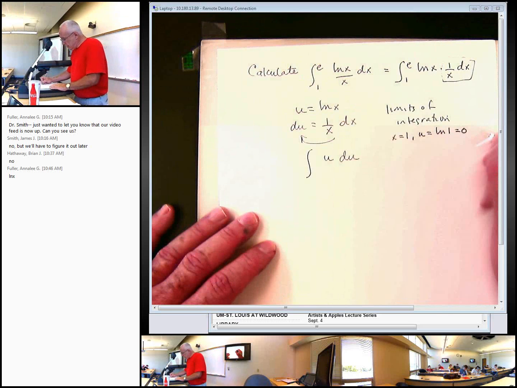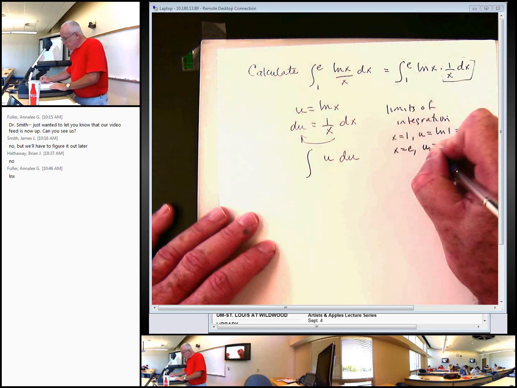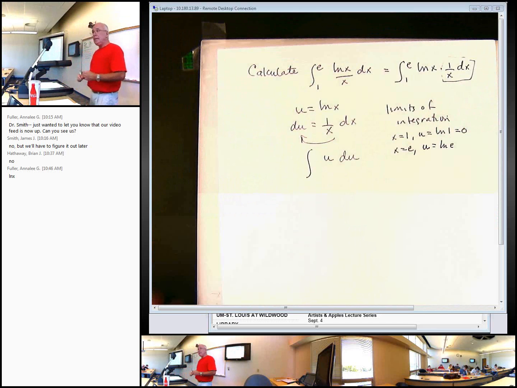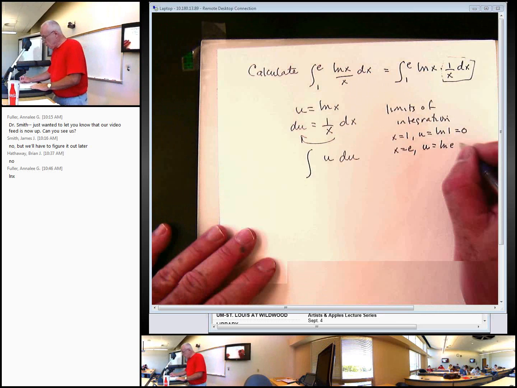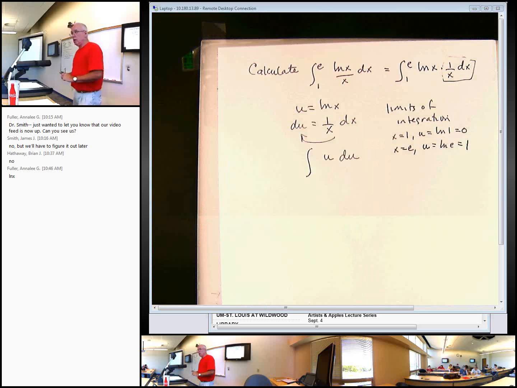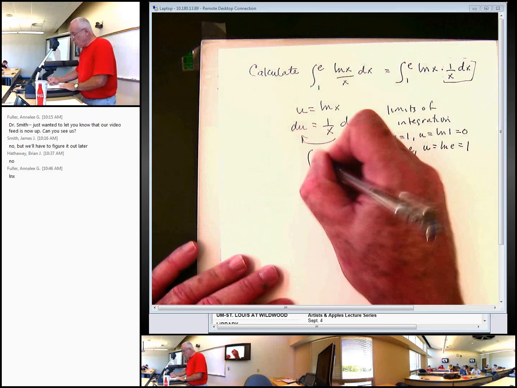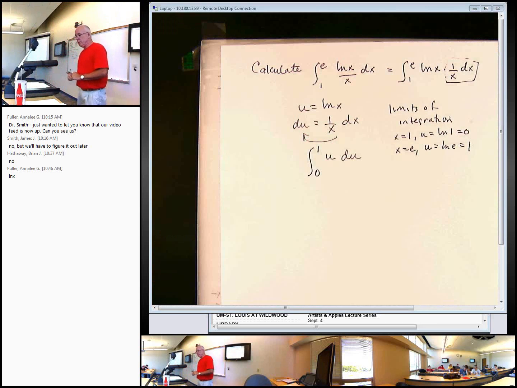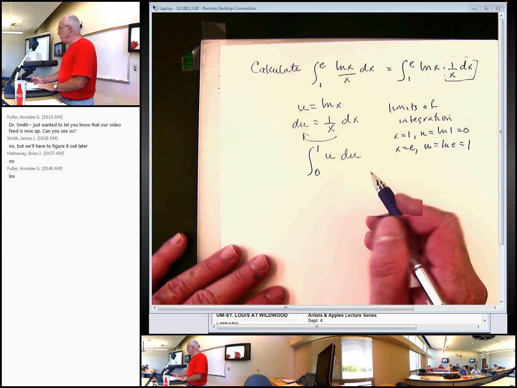And then when x is equal to the top number e, u is going to be equal to the natural log of e, and we're all going to remember that that equals 1, right? ln of e is equal to 1. So our new limits of integration, bottom number is 0, top number is 1. And now we could hardly ask for a simpler integral to do.